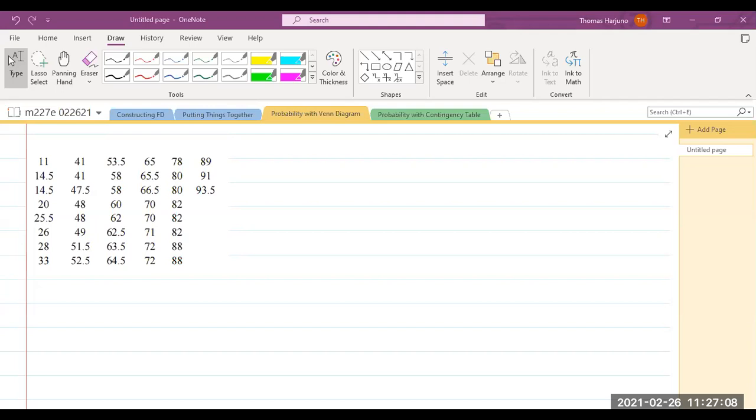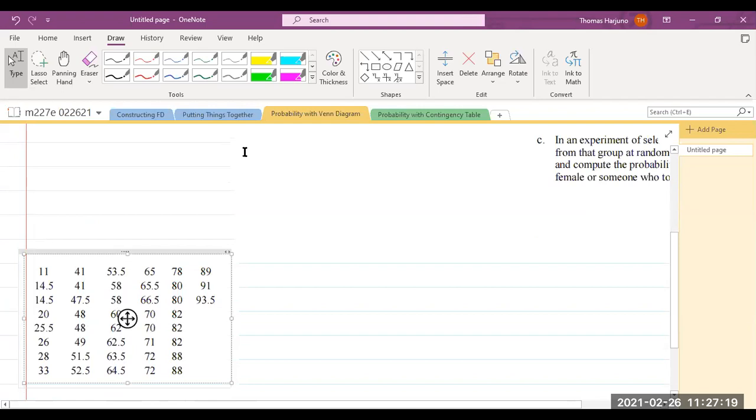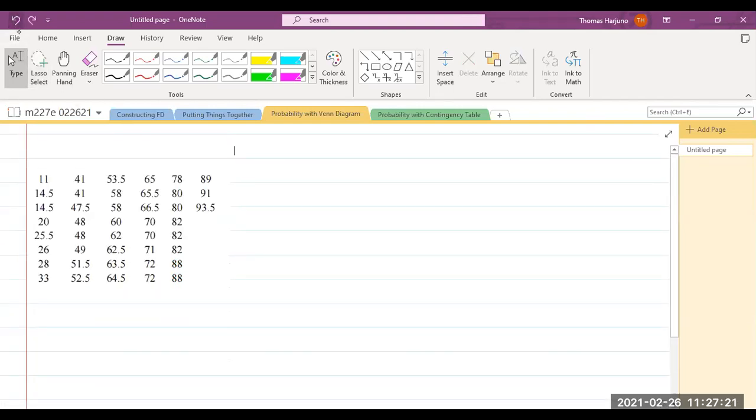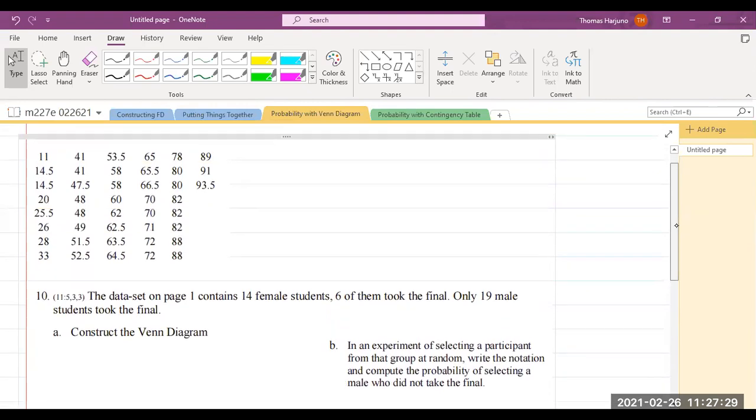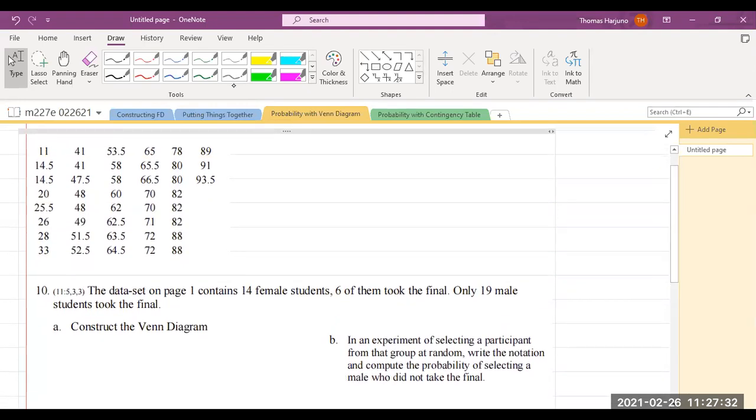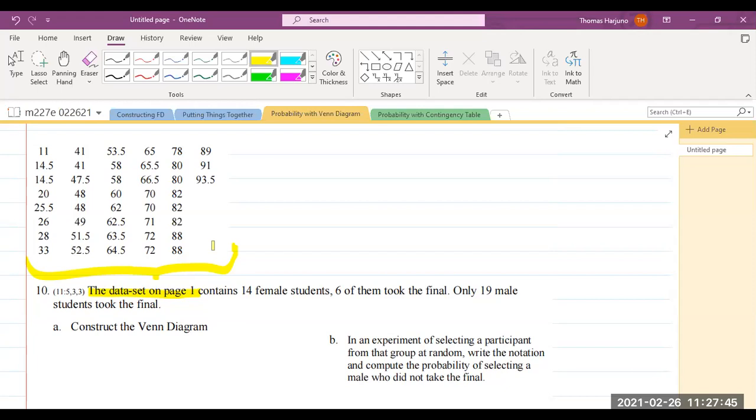Let me show it to you. This is question number 10. The data set on page 1, that's the one I showed you above, contains 14 female students, and 6 of them took final.